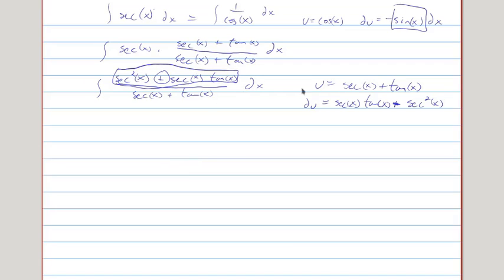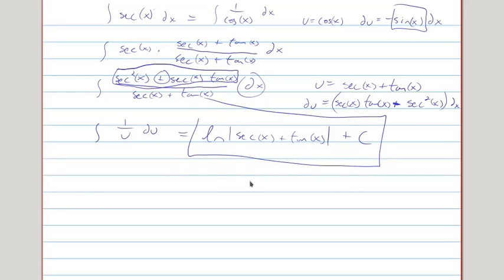So that whole thing, dx, gets wrapped up into my du, and I end up with simply integral of 1 over u du. So this becomes ln of secant x plus tan x. And then, of course, plus c.